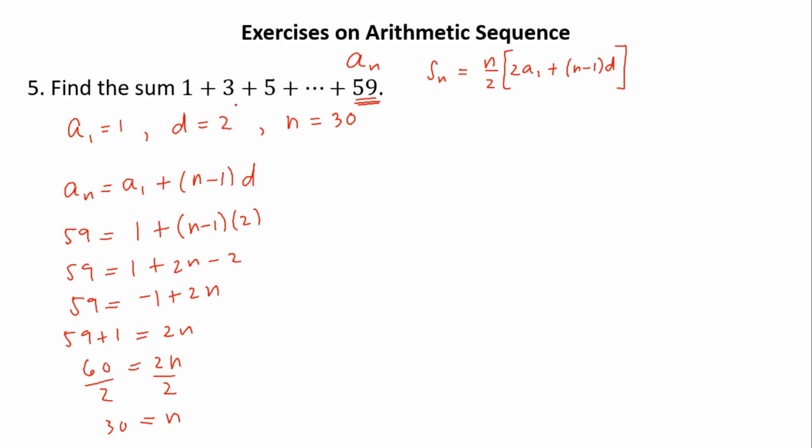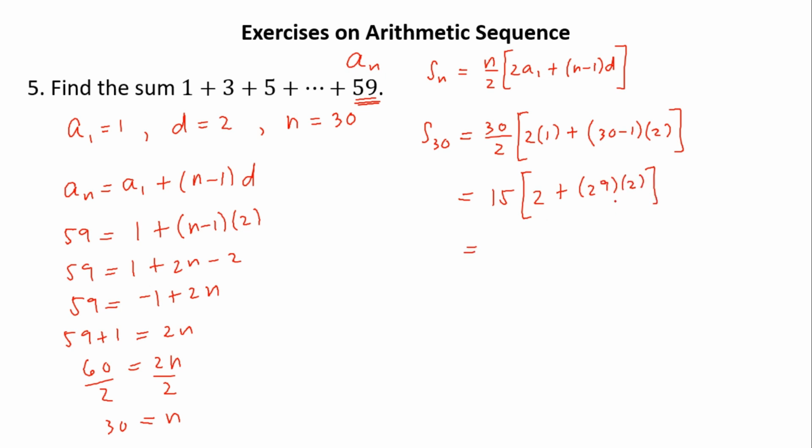So the sum of these 30 terms, s sub 30, is equal to 30 over 2 times 2 times a sub 1, which is 1, plus 30 minus 1 times the common difference of 2. Simplifying, this is 15 times 2 plus 29 times 2.